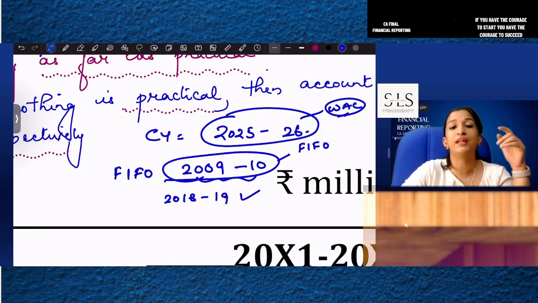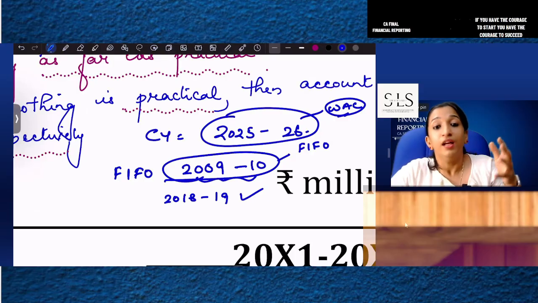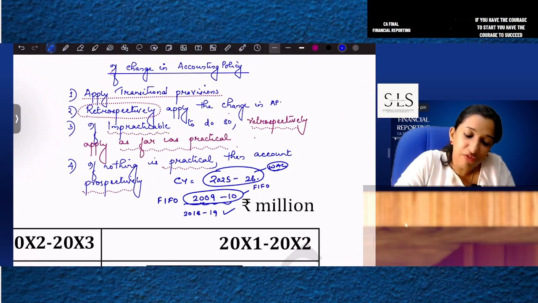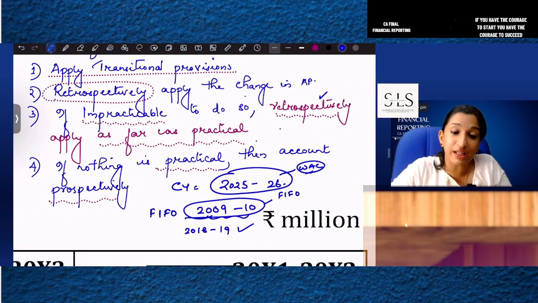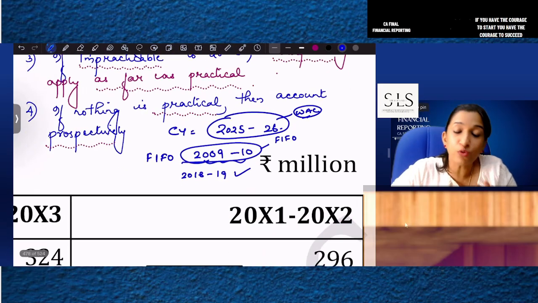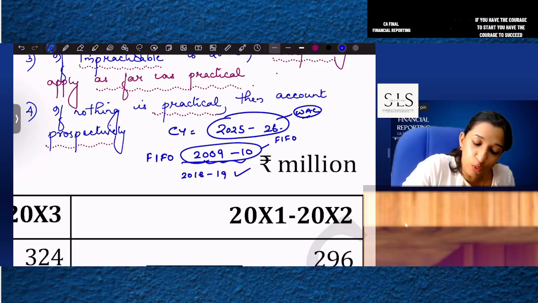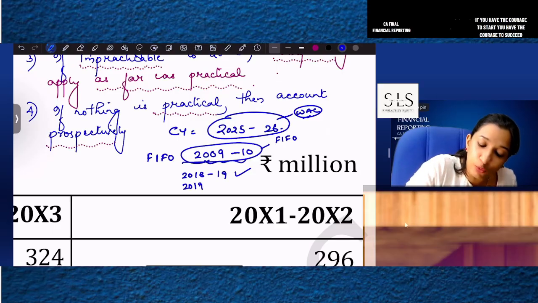2018-19 onwards, you make the correction. And if it is impracticable to do so retrospectively, apply as far as practical. But say in 2018-19 there was a flood and the flood destroyed our software and all our books of accounts. Then you apply from 2019-20 onwards.